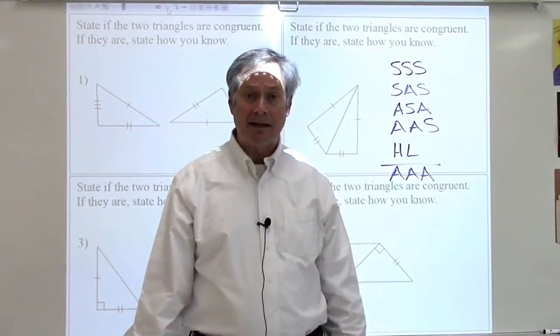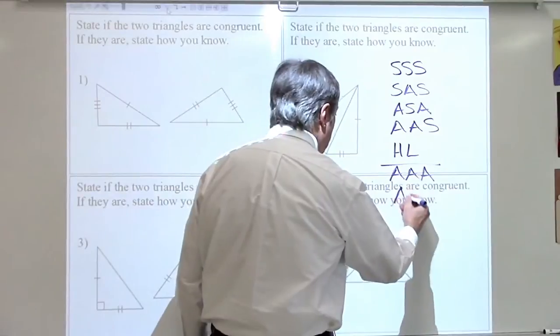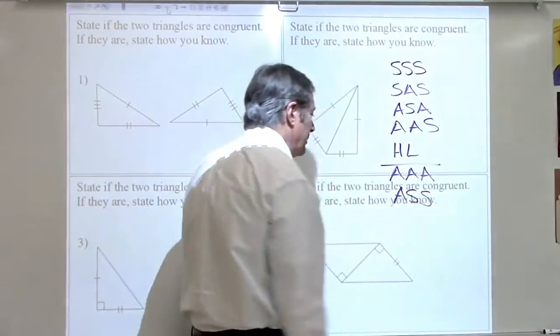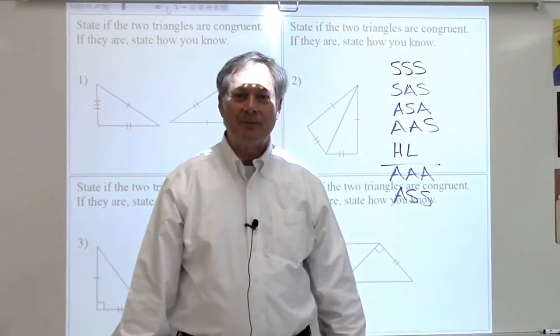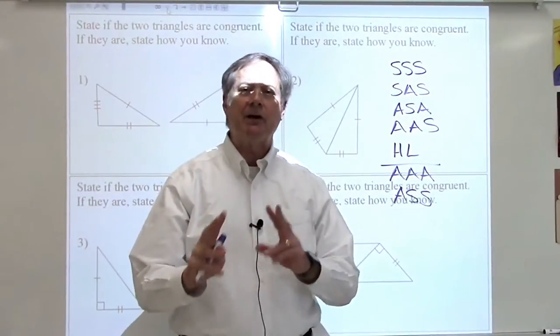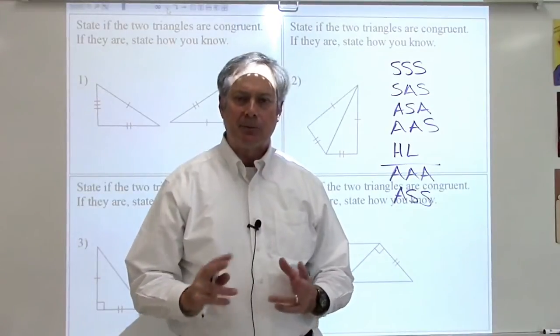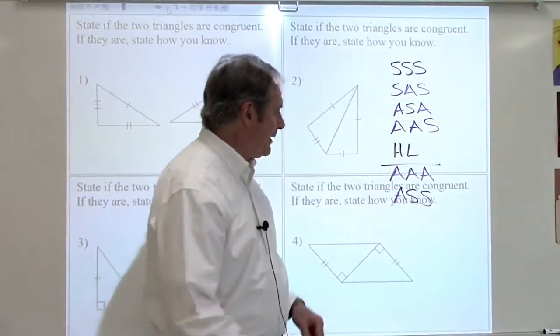So angle, angle, angle is not a proof, nor is, and I know you may laugh, angle, side, side. If you have an angle and 2 sides that are congruent, that's not enough to be proof. So these 2 are not proofs, these 5 are.